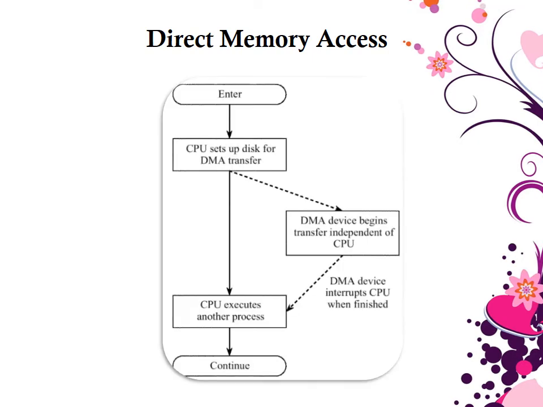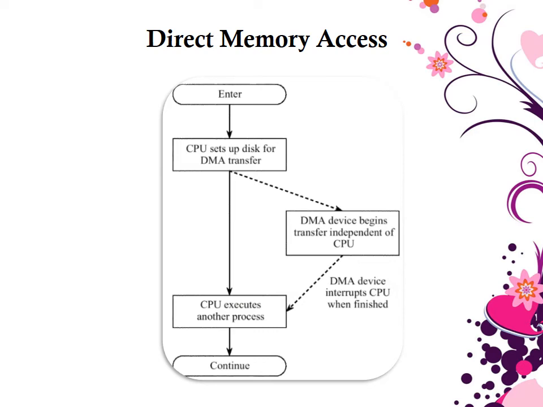You can see the flow chart so that you can get a clear explanation of this. First we have to enter, and then the CPU sets up the disk for DMA transfer. So it will be checking for the DMA transfer.